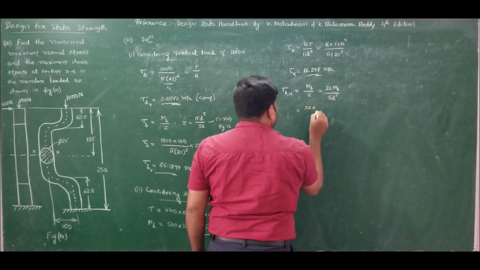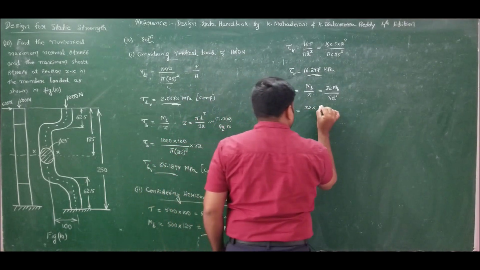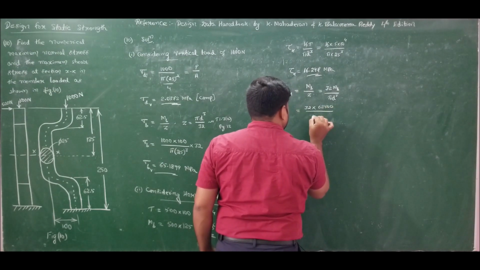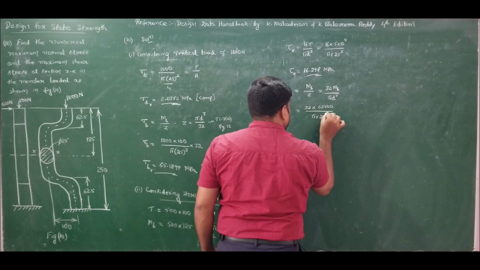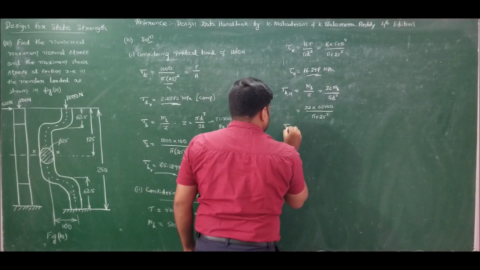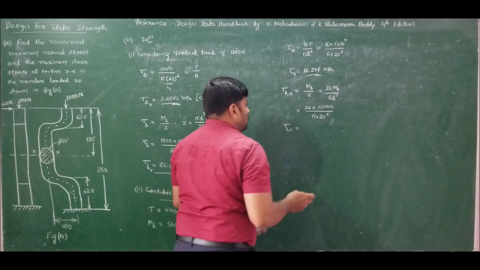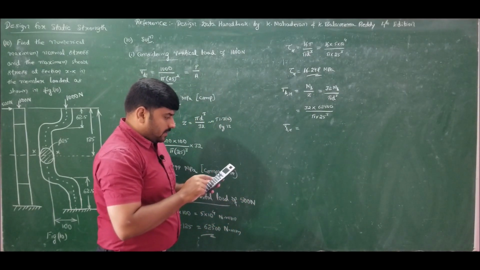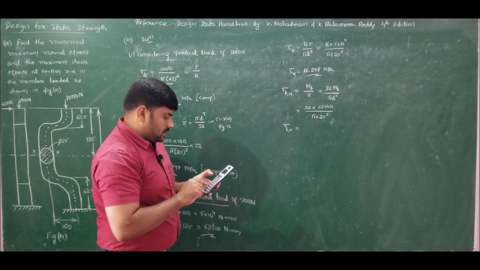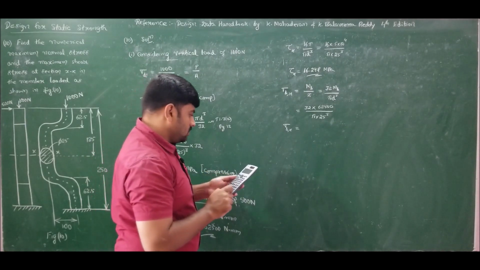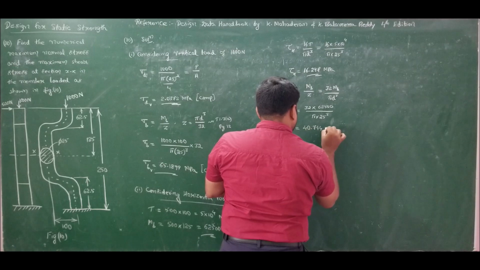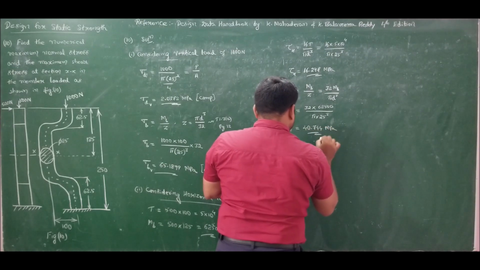So it is 32 times Mb, which is 62500, divided by pi times D is 25 cube. So bending stress due to horizontal load will be 32 into 62500 divided by pi times 25 cube, which is equal to 40.744 megapascals.